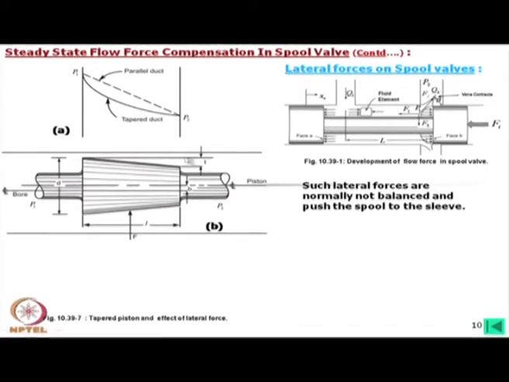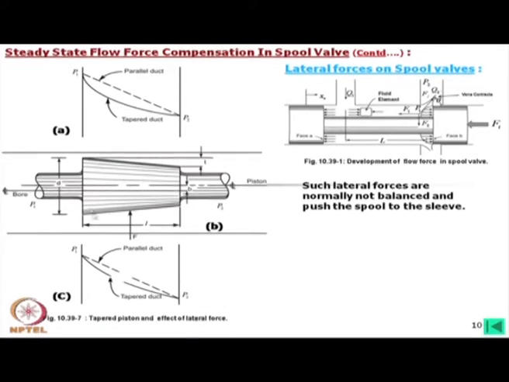In that case, in case of parallel duct, P1 and P2, pressure variation will be like that. If it is a tapered duct, then pressure variation will be like this, and you can see that instead of parallel duct, this will generate a force, due to this non-linearity.